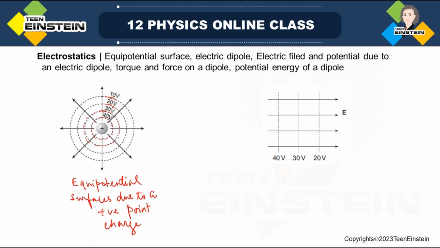Anyway, but what I am trying to say is that for point charges, equipotential surfaces will be concentric spheres or spherical surfaces. So what about this?